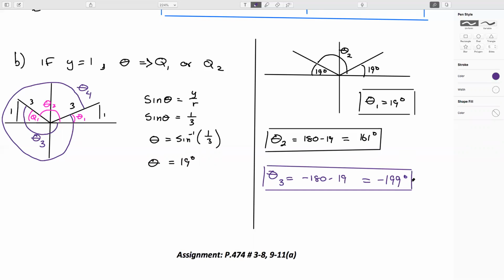Theta 4 is 19 degrees shy of negative 360. So theta 4 is negative 360 plus 19. And you're probably going, why is one subtracted and one added? Well, this one we continue going counterclockwise, so we're subtracting. This one we're stopping short of 360. We end up with negative 341 degrees.